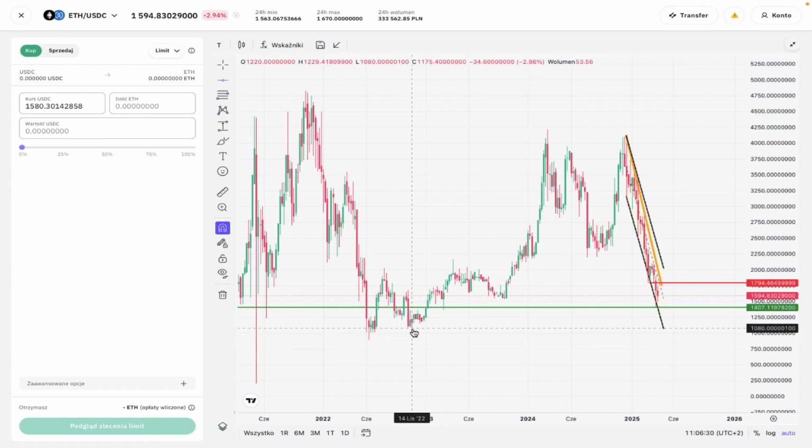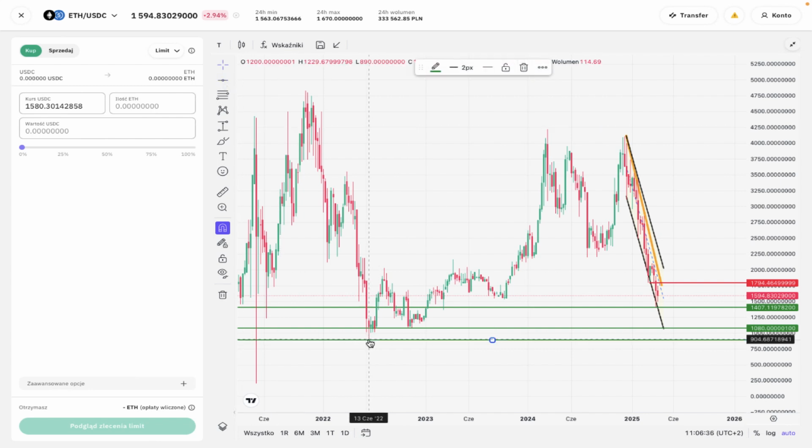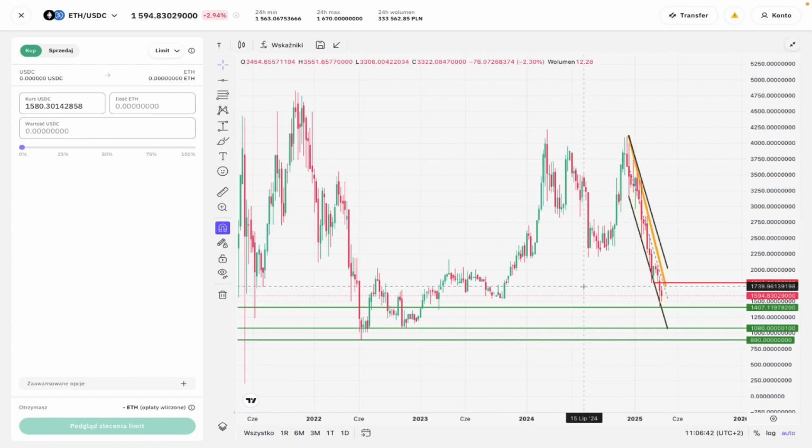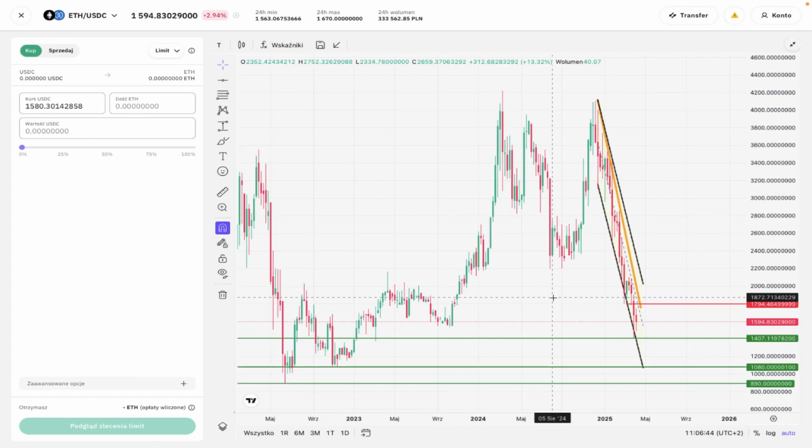The extreme one is 1071, one more here is 890, and the other one is down here at 230. So it will be better for the bulls to hit one of these levels, and then maybe some sort of pullback, correction and reversal might happen.